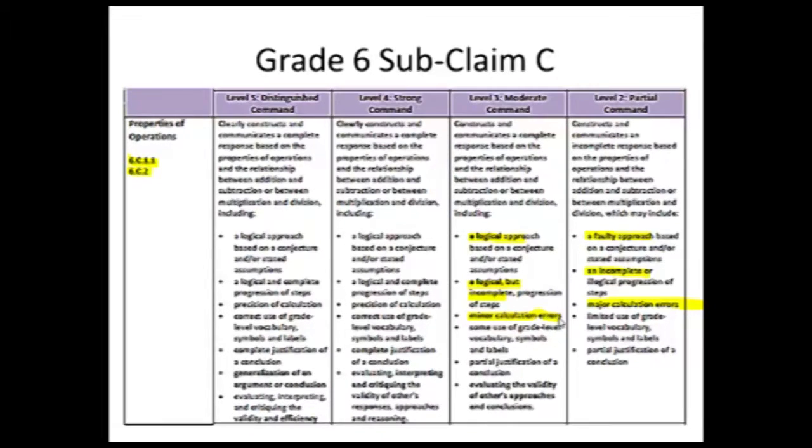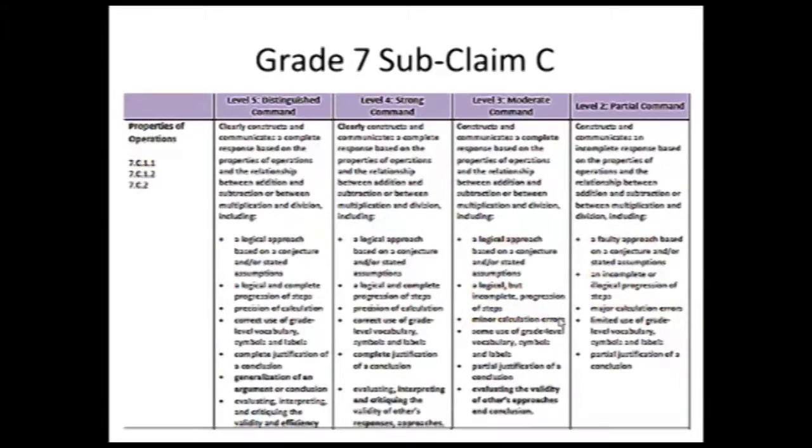Okay. Now, an important thing to note as you look at subclaim C for 7th grade is there's a whole lot of similarity with subclaim C for 6th grade. And in 7th grade, we will have a reasoning topical area of properties of operations again, and you'll see it's very similar.